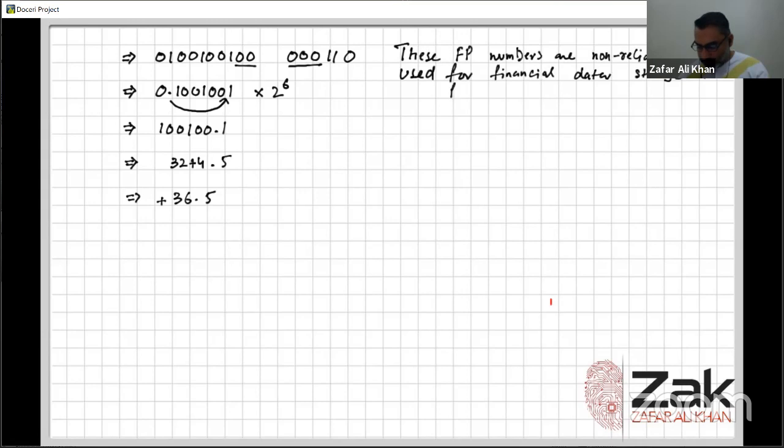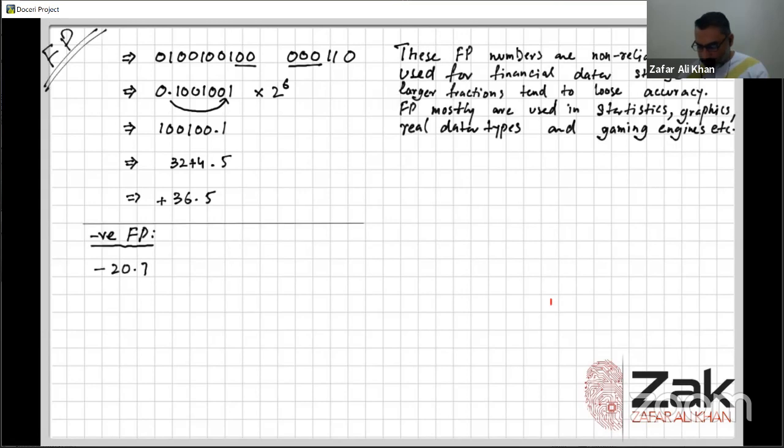All right. So now a bit of theory with it. These floating point numbers are non-reliable, as I discussed earlier, if used for financial data storage or monetary data storage in accounts or other things, as larger fractions tend to lose accuracy.